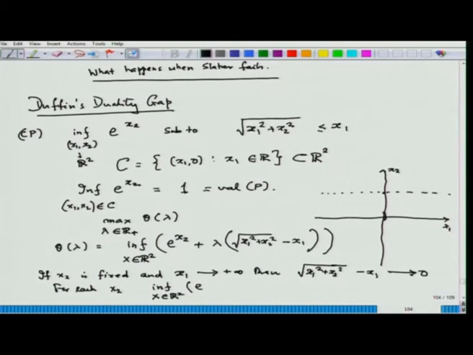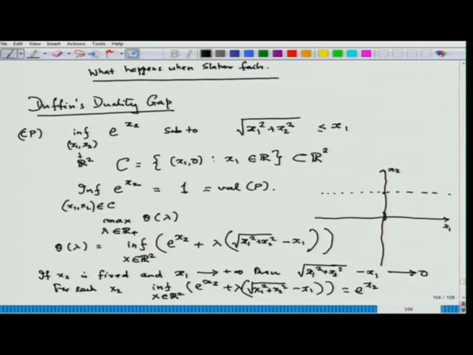Basically the infimum over x in R2 is the same as the infimum over x1 of x2 plus lambda root of x1 square plus x2 square minus x1, and this is nothing but e to the power x2.